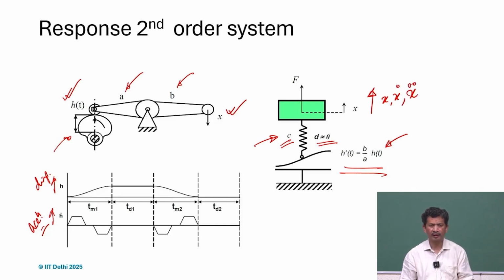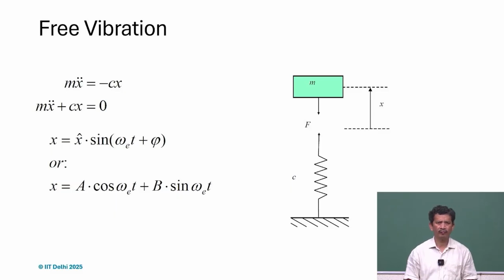So, for different kinds of cam motion, when we look at the mass spring system, this is the displacement x, with x dot and x double dot directions.